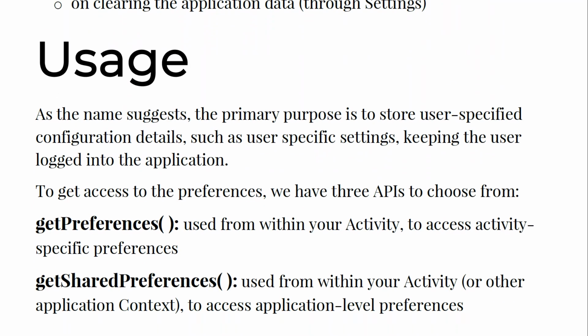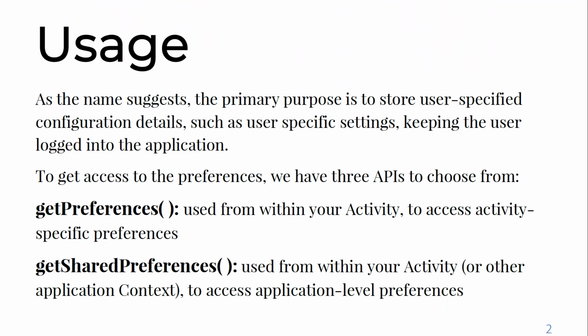The usage. As the name suggests, the primary purpose of this is to store user-specific configuration details, such as user-specific settings, and keeping users logged into the application. To get access to the preferences, we have 3 APIs to choose from. The getPreferences method is used from within your activity to access activity-specific preferences.